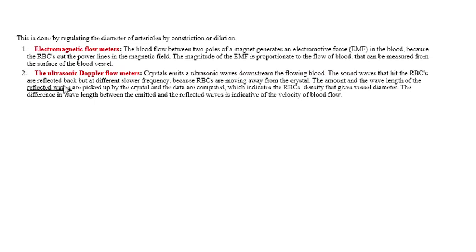Okay, but they have a different, slower frequency. Because red cells are moving away from the crystal, the wavelength of the reflected waves is picked up by the crystal, and the data are computed.